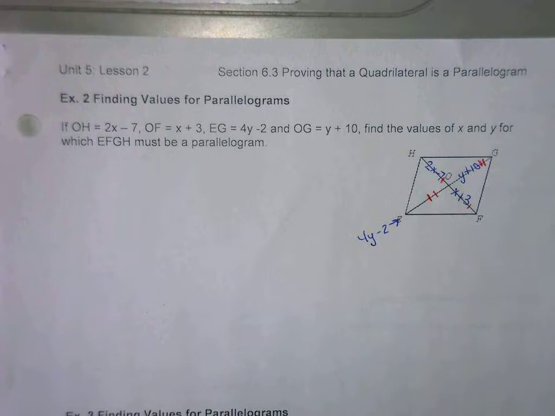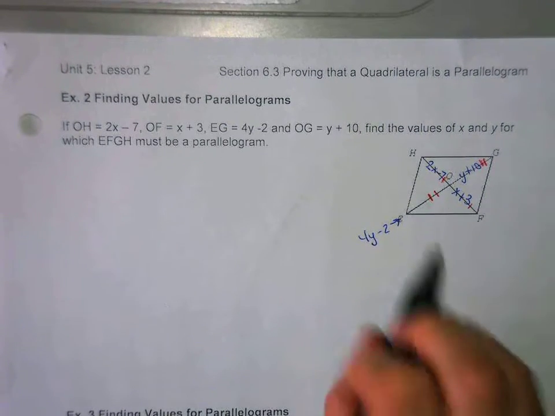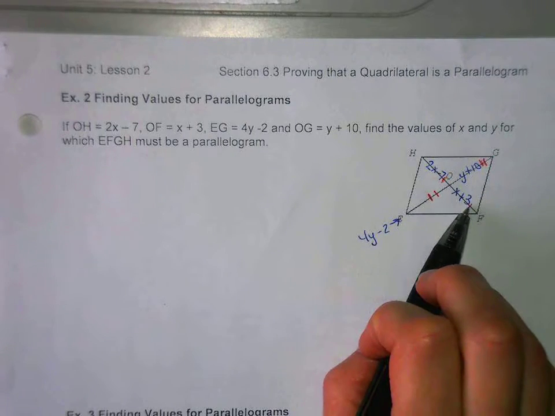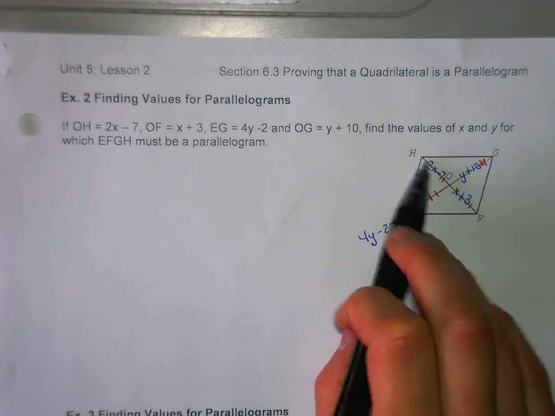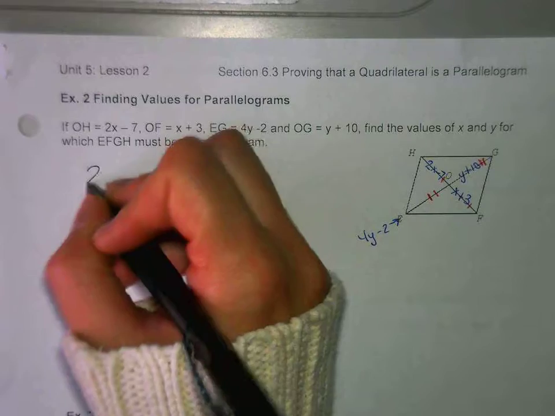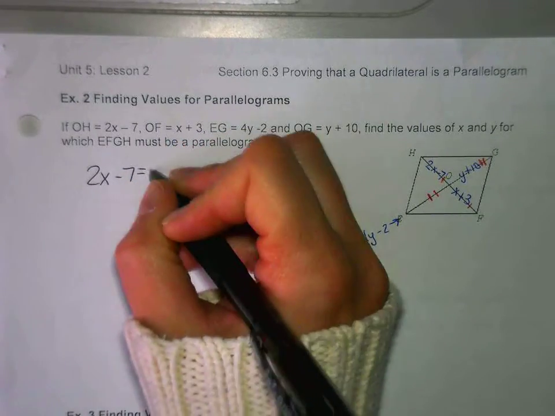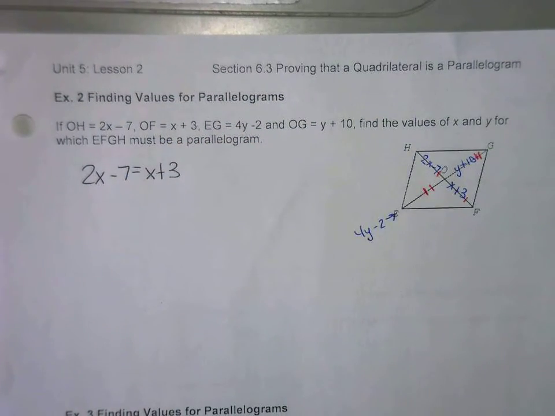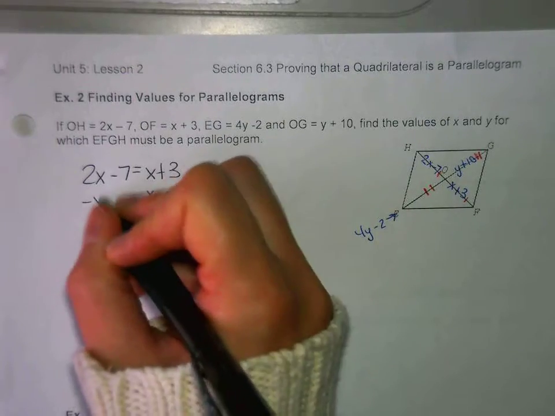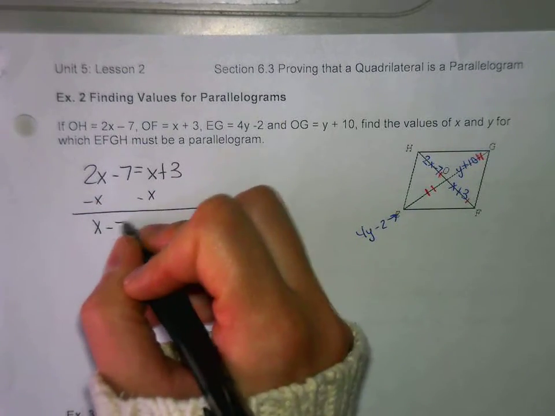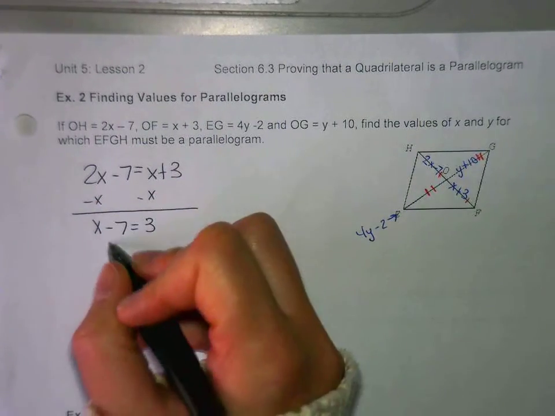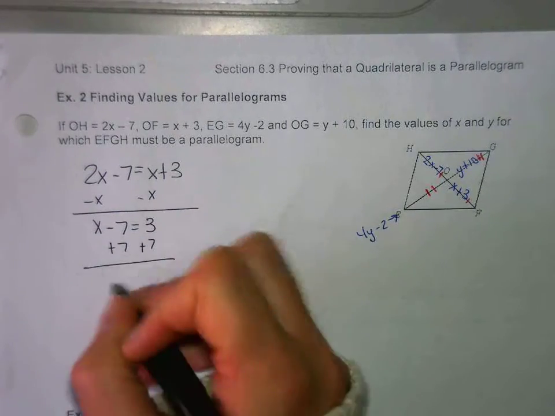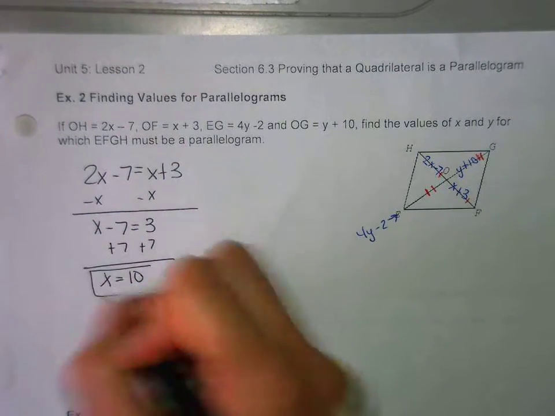If I write out some equations, I know these two are equal to each other because this diagonal is bisected. So 2x minus 7 equals x plus 3. If I subtract x from both sides, I'm left with x minus 7 equals 3. Add 7 to both sides, x equals 10.